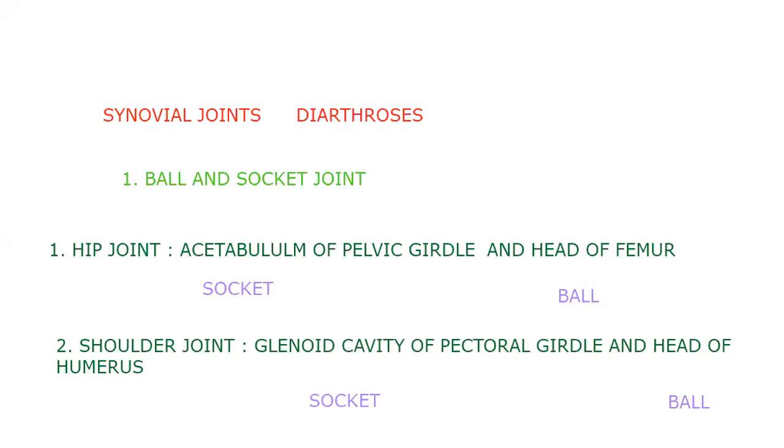Next, the second one. Hinge joint. Hinge joint examples here. Number one, the hinge joint. You can see the hinge joint in this particular area. What do you call this kind of joint? The elbow joint.